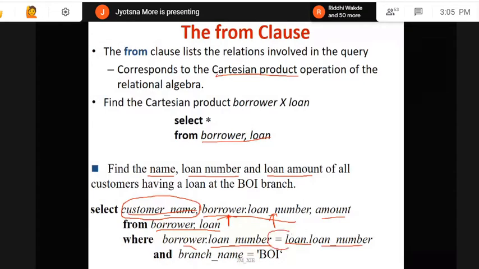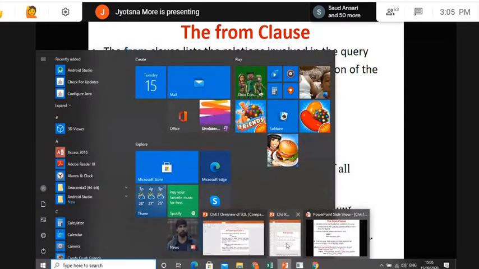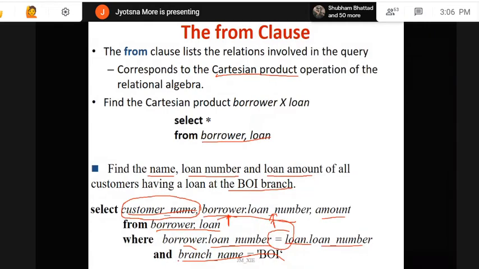If this condition is satisfied, and they have also specified the BOI branch, branch name equal to BOI. Again here, if you want, you can specify which table branch name is a part of. Branch name is a part of loan; borrower has no branch name. So if you want, you can also write loan.branch name equal to BOI. That is also valid.